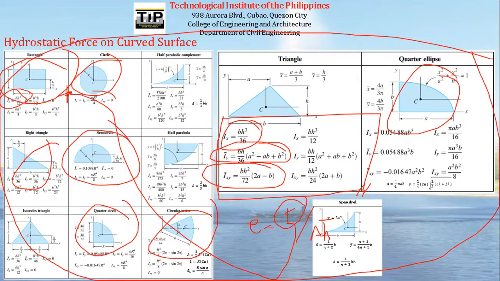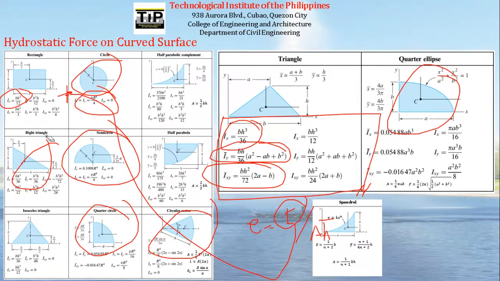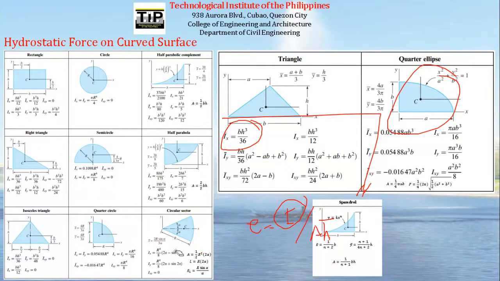If it is a circle, then we have pi r raised to 4 over 4. We do not need to memorize these formulas, but we just have to familiarize ourselves with them. It should be given in exams.